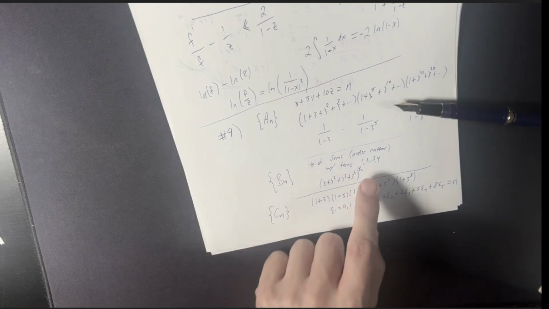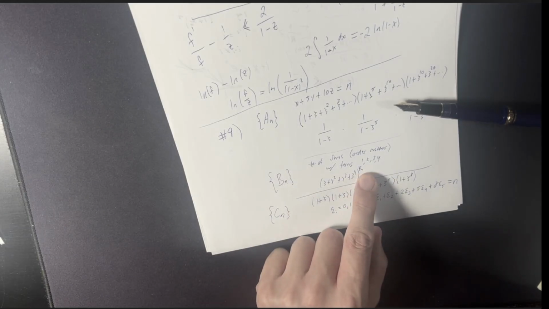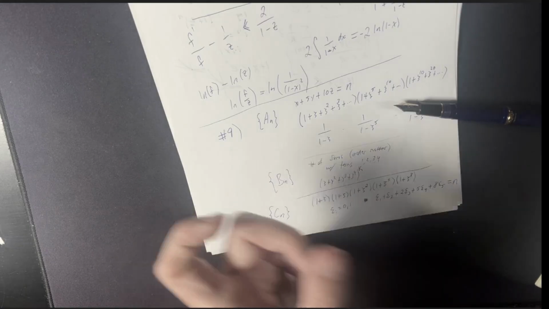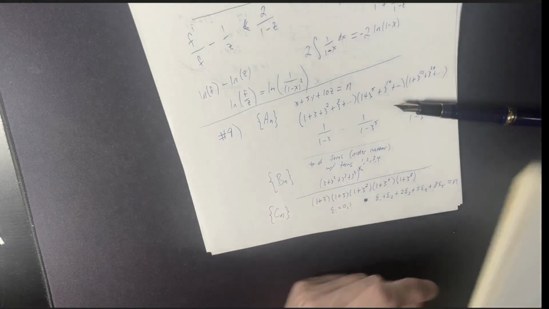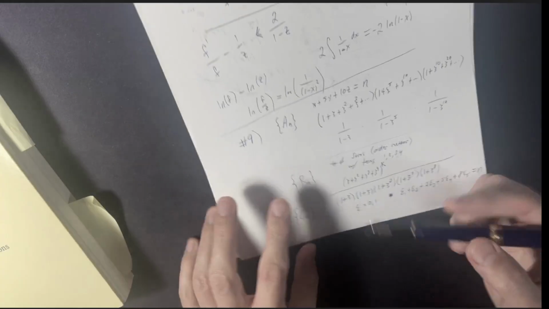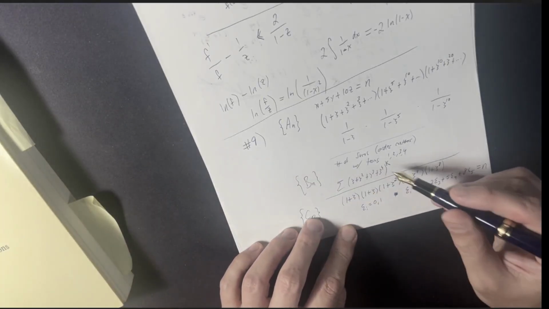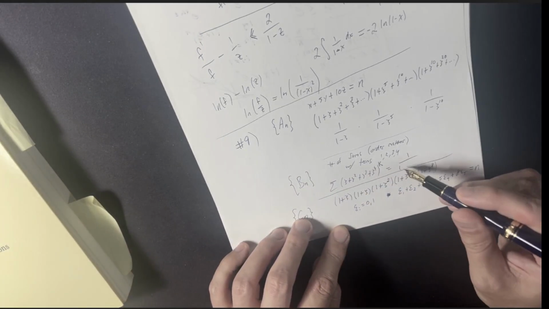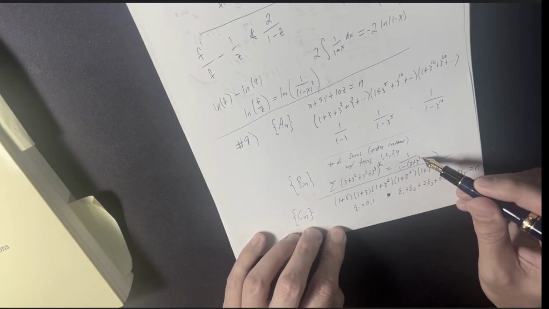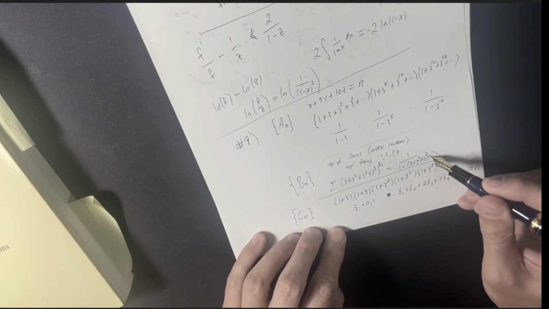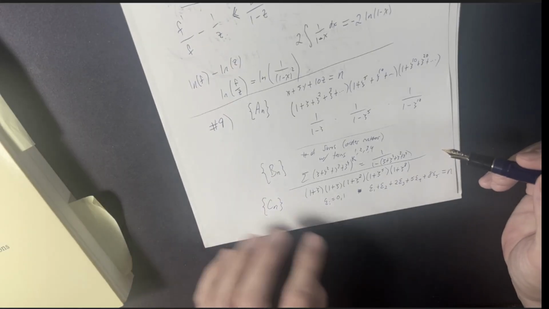If you took the sum as k goes from 0 to infinity, you'd be looking at a geometric series with this as the base. In other words, if we sum this as k goes from 0 to infinity, you get 1 over 1 minus, and then you put that as the base. Right?